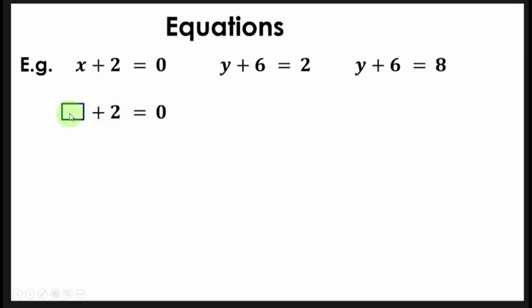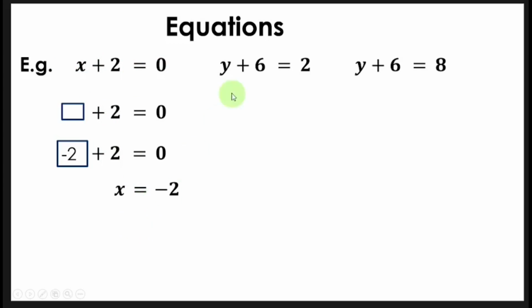So there's minus 2 in this box. Minus 2 plus 2 is what will give us 0. So in this equation, x stands for the value of negative 2.